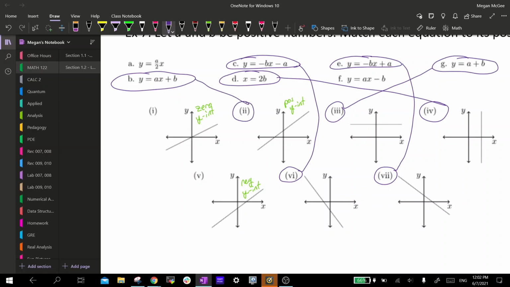So B is going to match with graph number 2. Alright, so then F is our same slope, but now with a negative intercept. So we're going to go ahead and match F with 5.